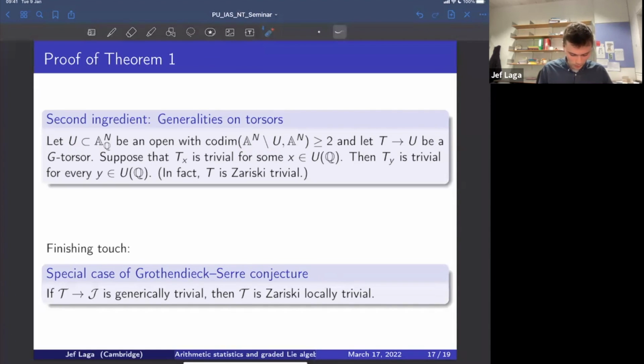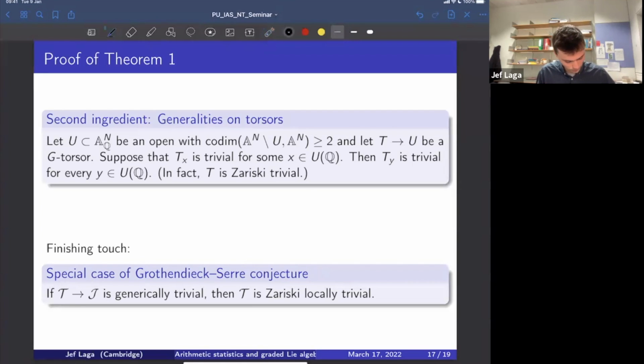We're going to take a G-torsor over U, where G can be any reductive group. And suppose that for one rational point of U, this torsor is trivial. Then the conclusion is that this torsor is trivial for every point of U. And in fact, even more is true, it's Zariski locally trivial.